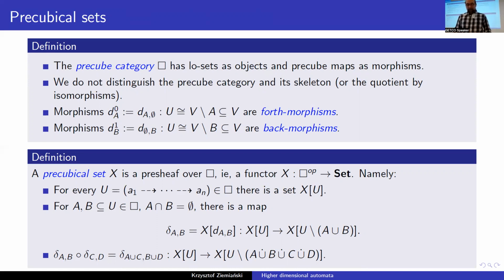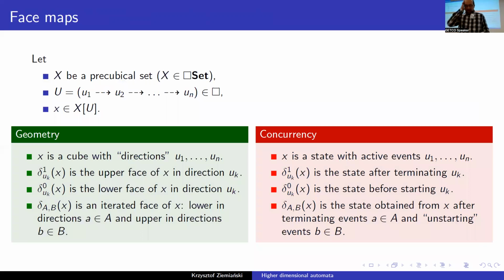And a precubical set is just a presheaf over this precube category. And how do we think about precubical sets? If you have some cube X which lies in your precubical set, geometrically it's a cube with directions given by elements of the related LO set.